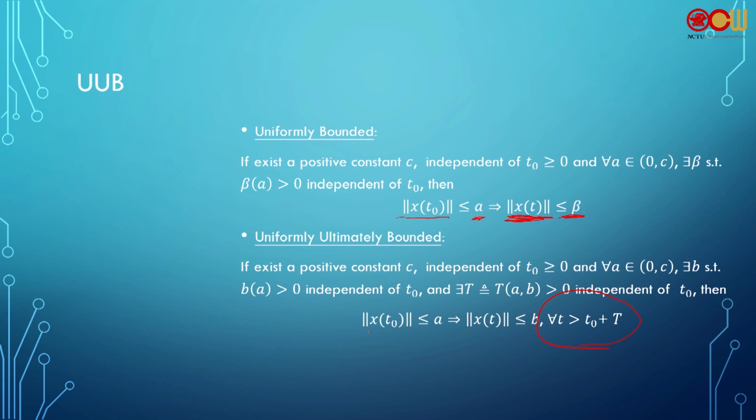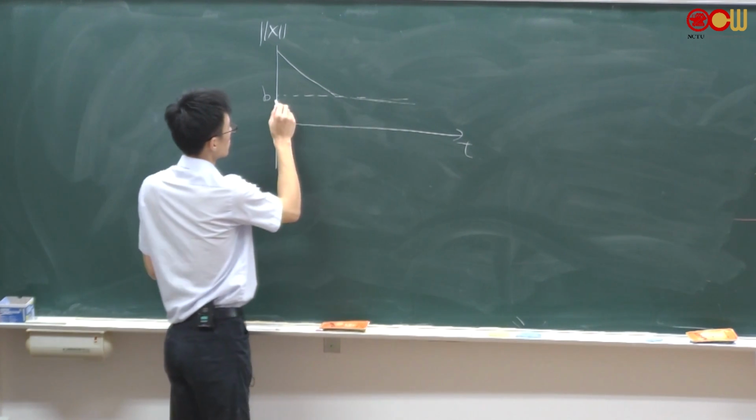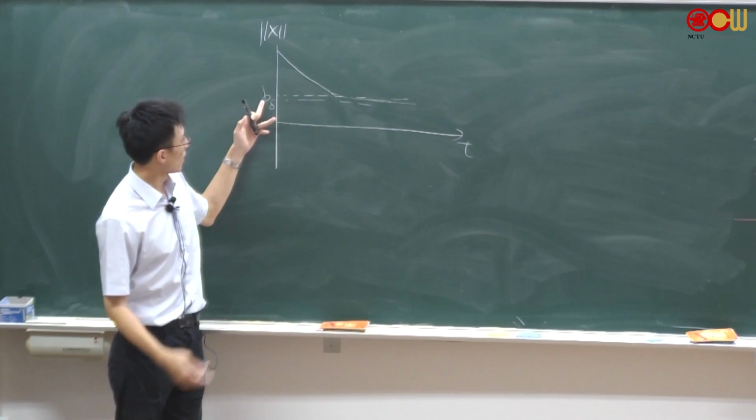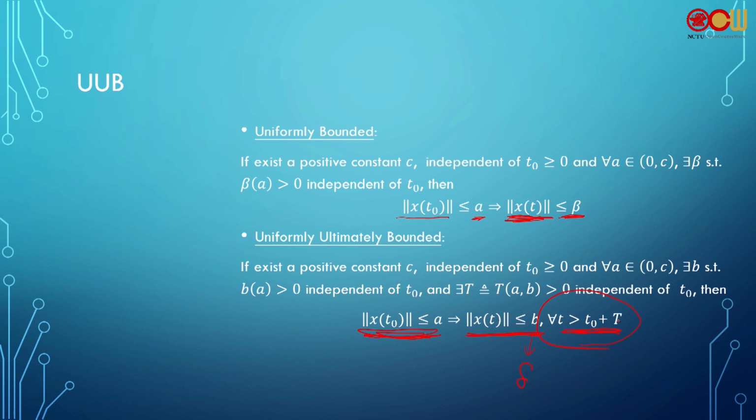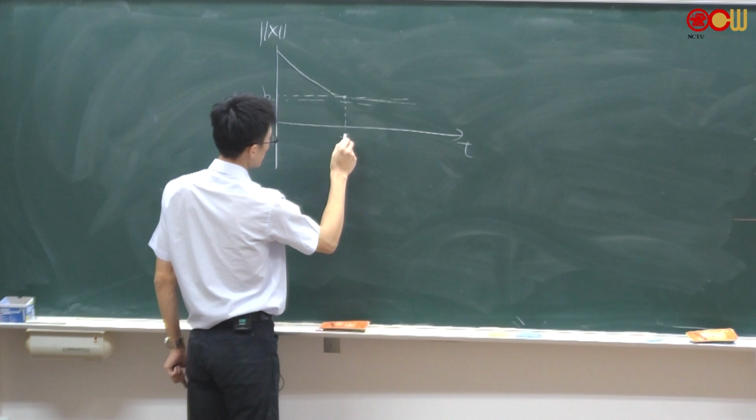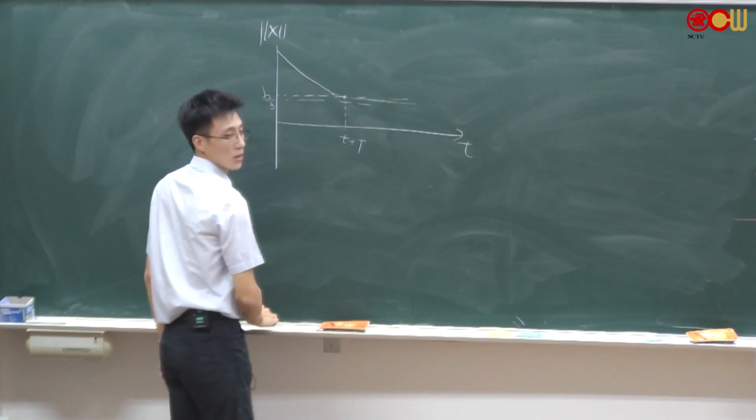UUB means you start from the same radius, and the trajectory will converge to a value b, where we used delta before, within some finite time. Eventually it will converge to some value delta. B can upper bound the delta in some finite time, where capital T is some finite constant, t plus capital T.